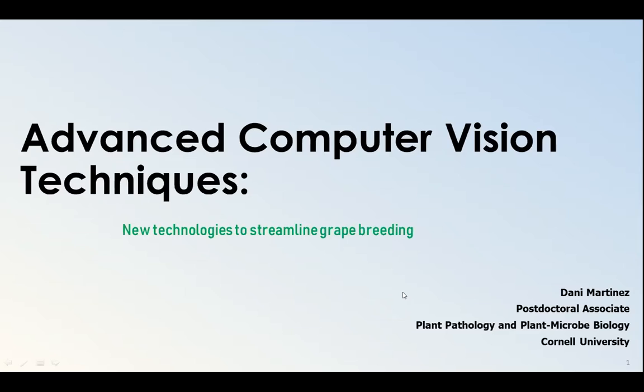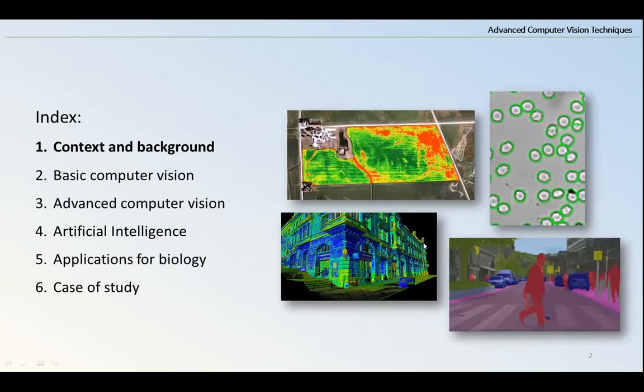Instead of that, I'm only going to show you what computer vision is, its basic concepts and methods, newer approaches, some tips if you have to deal with it in your projects, and also a detailed review of the work we have done during the last year as a case study for the VitisGen 2 project. This is the index.